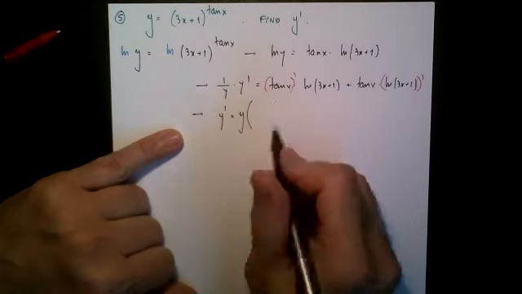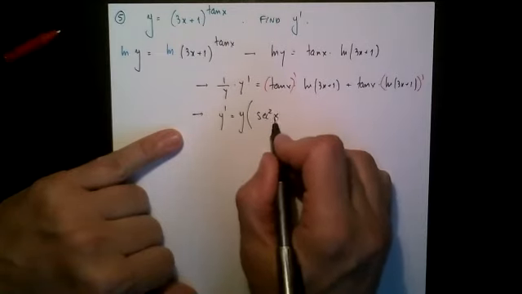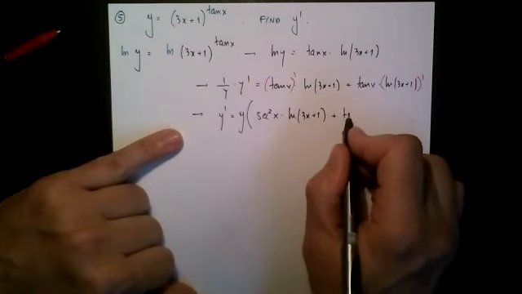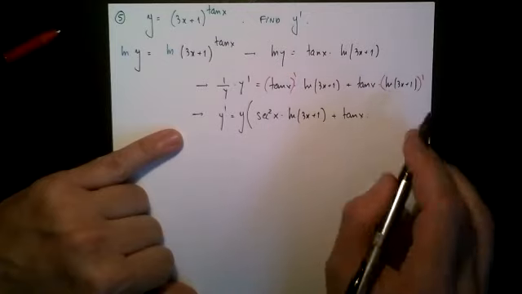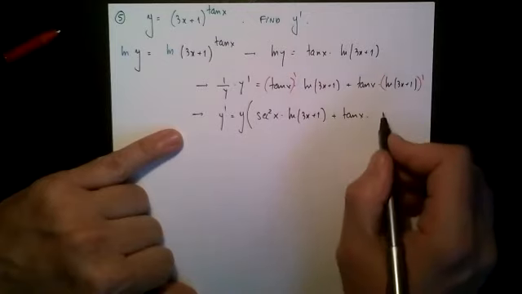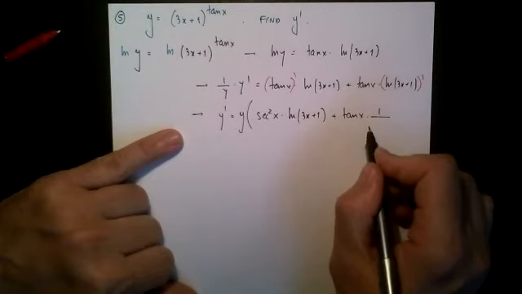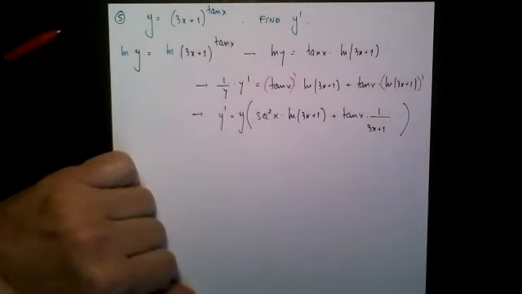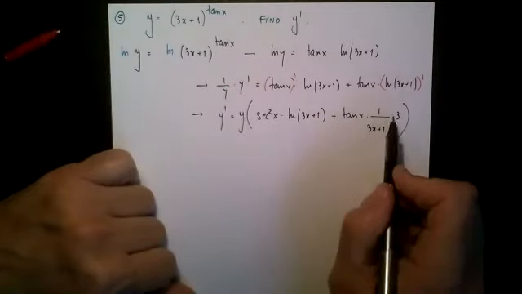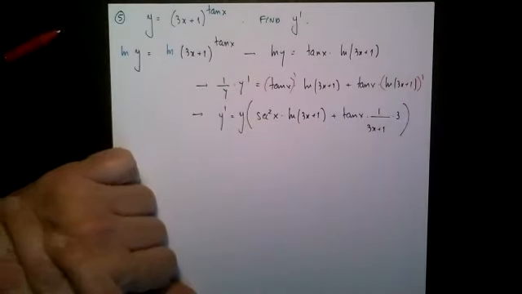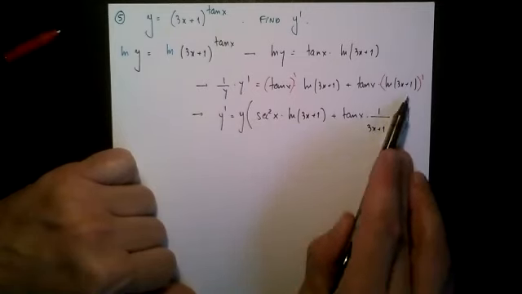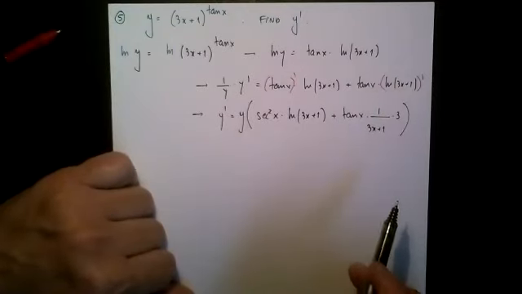Tangent becomes secant squared x times ln 3x plus 1, plus tangent x times the derivative of ln of 3x plus 1, which is 1 over 3x plus 1, times 3. Don't forget the times 3, which comes from the derivative of 3x plus 1.